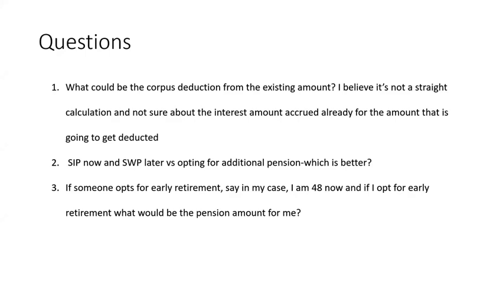We'll have to wait, but it will be a simple calculation: the present value of my contribution, my pension, whatever amount I was going to get later. We have to consider the interest rate of PF or whatever it is, and calculate the present value.